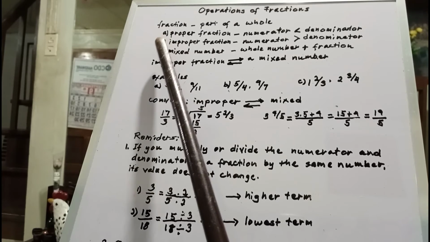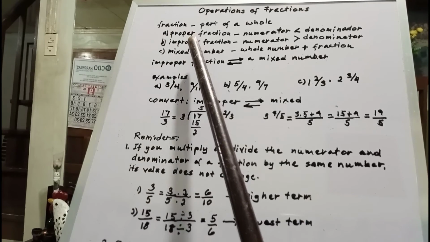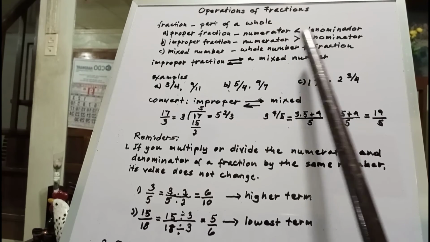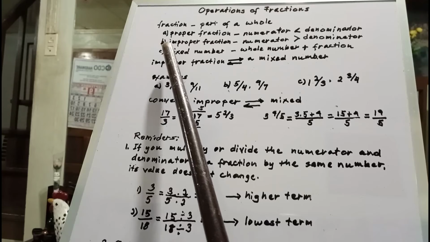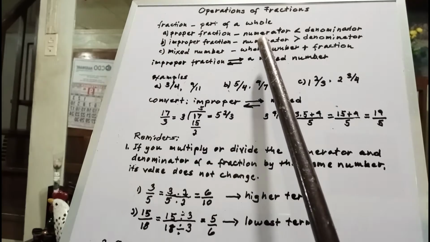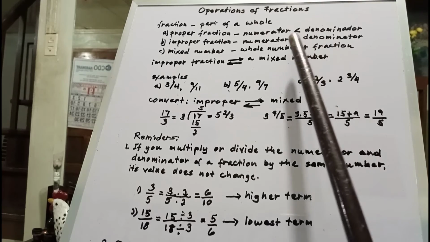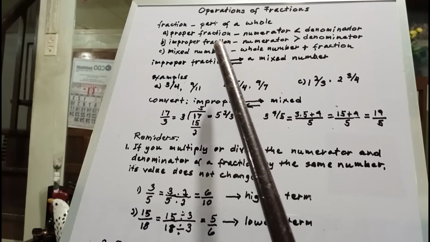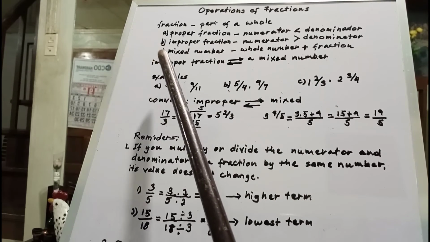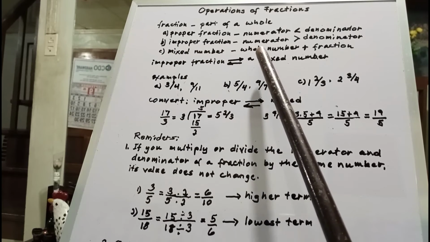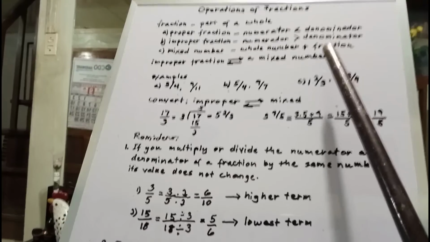First, we have proper fraction, where the numerator is less than the denominator. We have improper fraction, where the numerator is greater than the denominator, or the reverse of the proper fraction. And letter C, we have mixed number, which is composed of a whole number plus fractions.